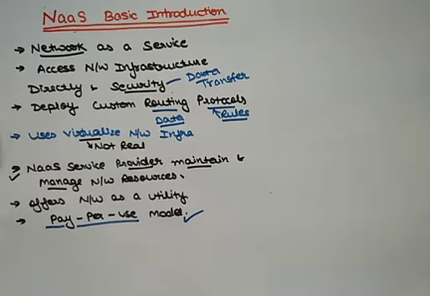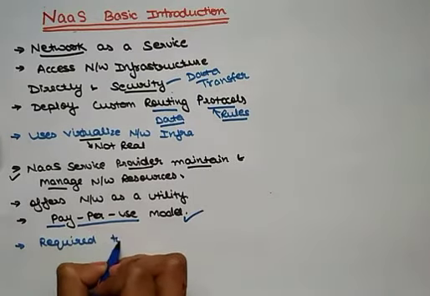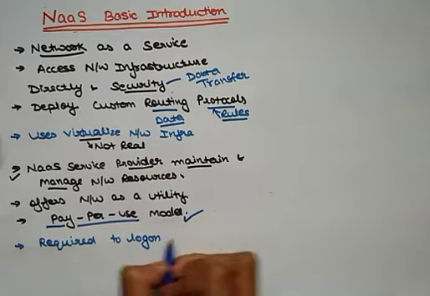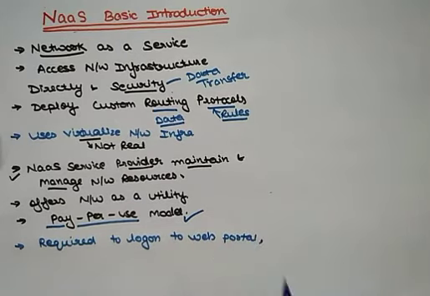Now a question arises: how is NaaS delivered? This is a general thing, right? To use the NaaS model, the customer is required to log on to a web portal, where the customer can get an online API.